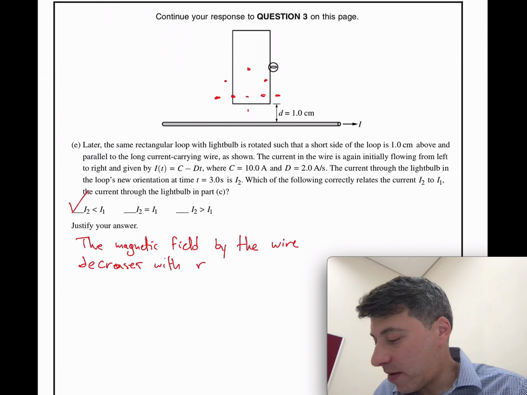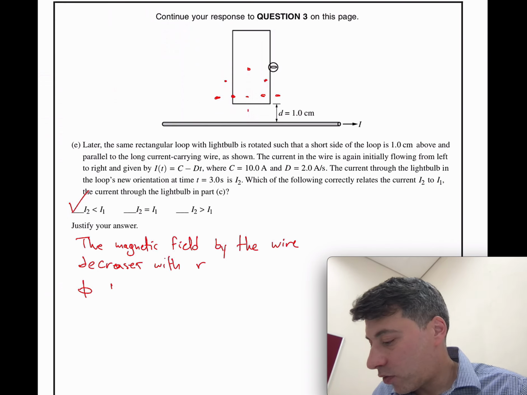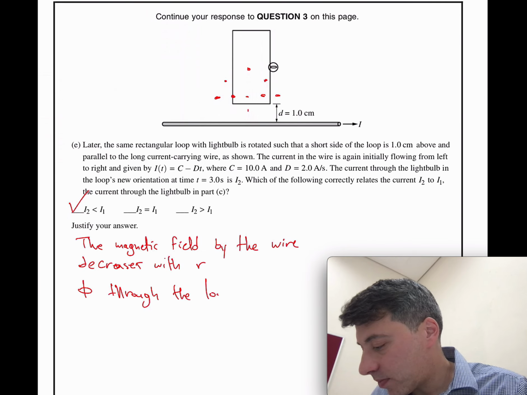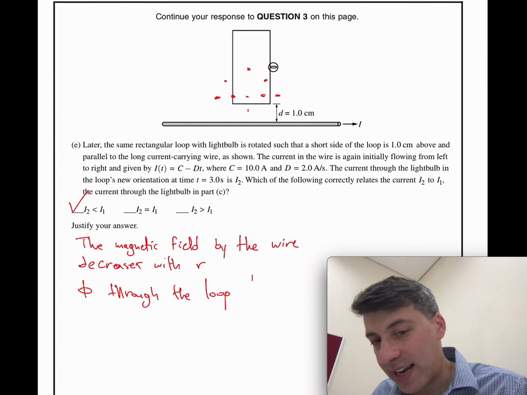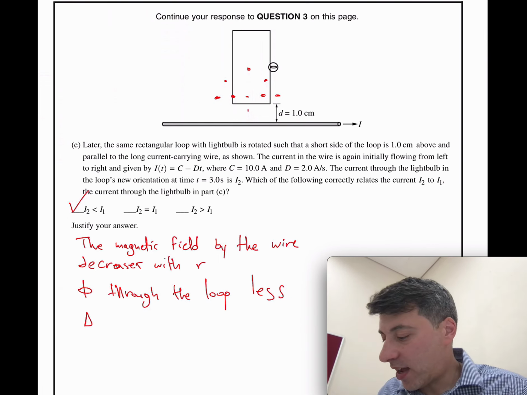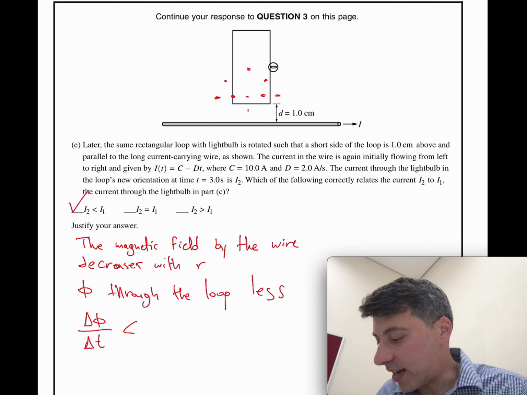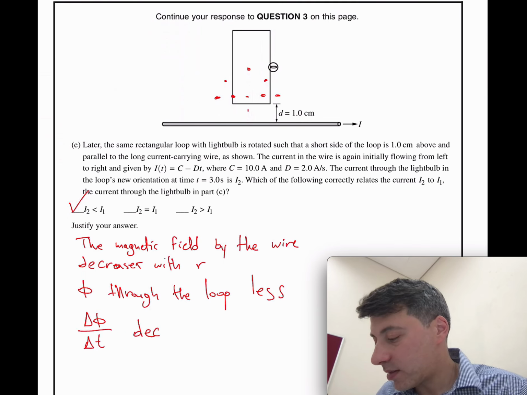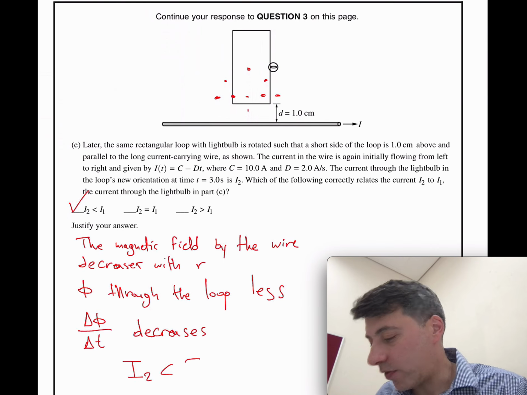So the magnetic flux through the loop now is less because of the new geometry, and the delta phi over delta t is less than before, it decreases, and this decreases the value of the current.